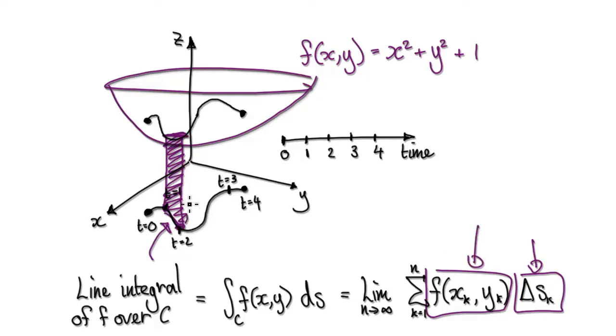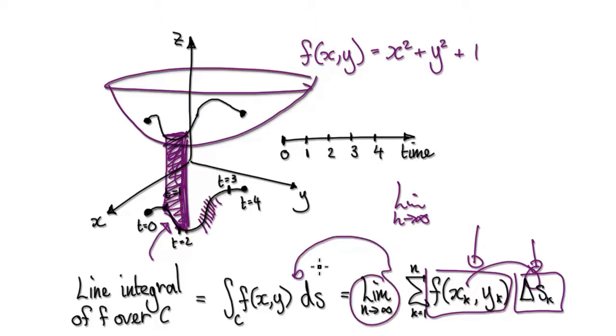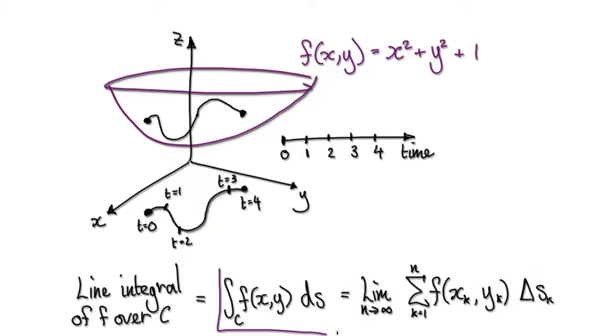So this is the height here, and when you get a length times a length, you're going to get an area. So you sum up this area, and then later on you take the limit as n tends to infinity, meaning you cut up into millions and billions of pieces. So eventually it becomes an integral. So the integral is given by this.